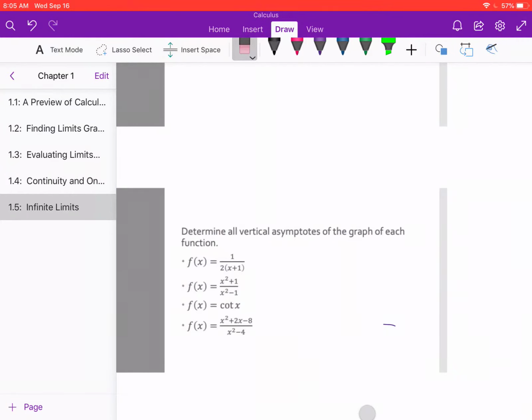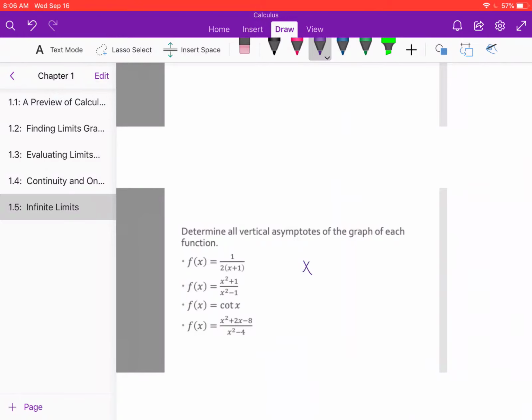Same idea for the second one. One thing you might want to consider first is to try factoring. So when we have x squared plus 1 over x squared minus 1, notice that x squared plus 1 doesn't factor, so nothing on the bottom is going to be able to cancel out.